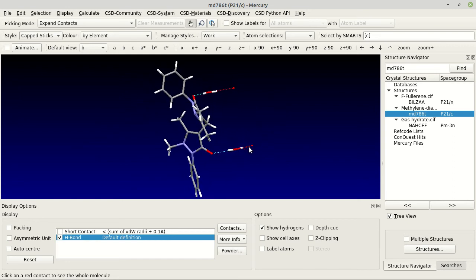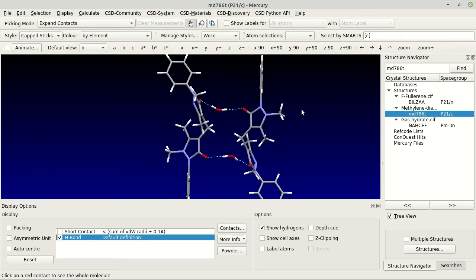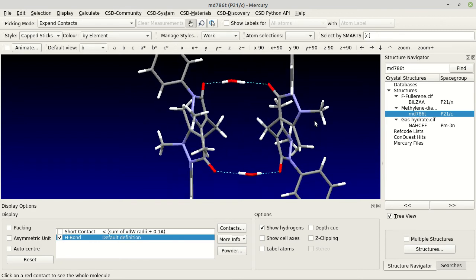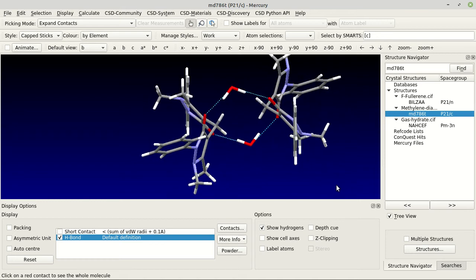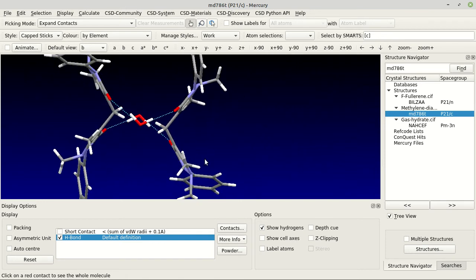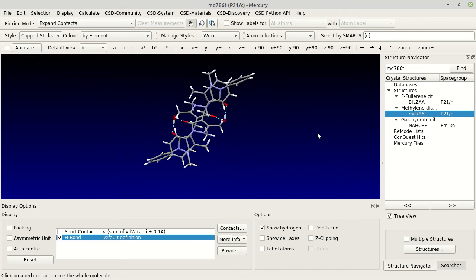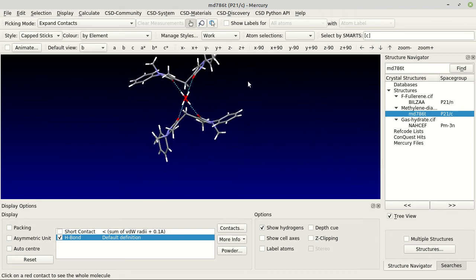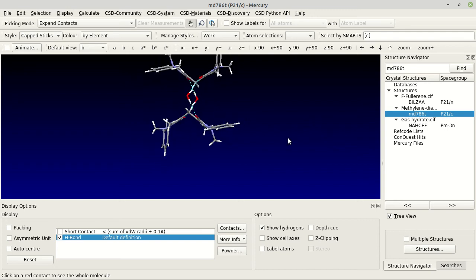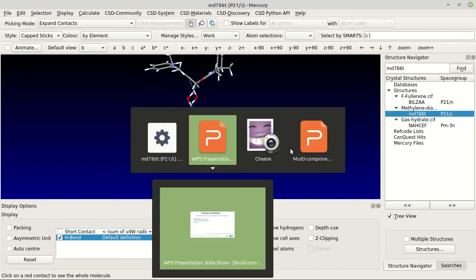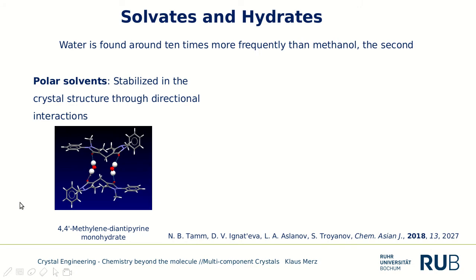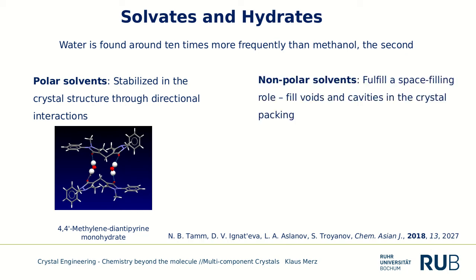And if you expand here, you will see very nicely the water is between two molecules. You can say the two molecules are linked by water. So the crystal structure is very nicely stabilized by additional solvent between the two components. Methylene diantipyrine monohydrate.